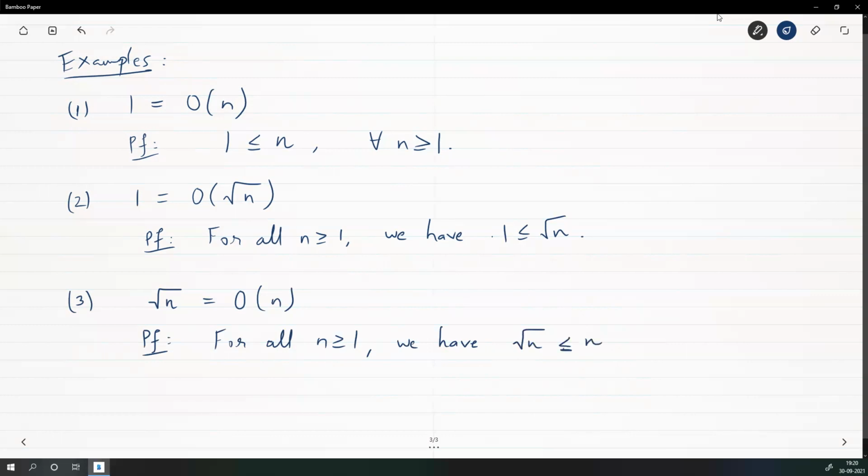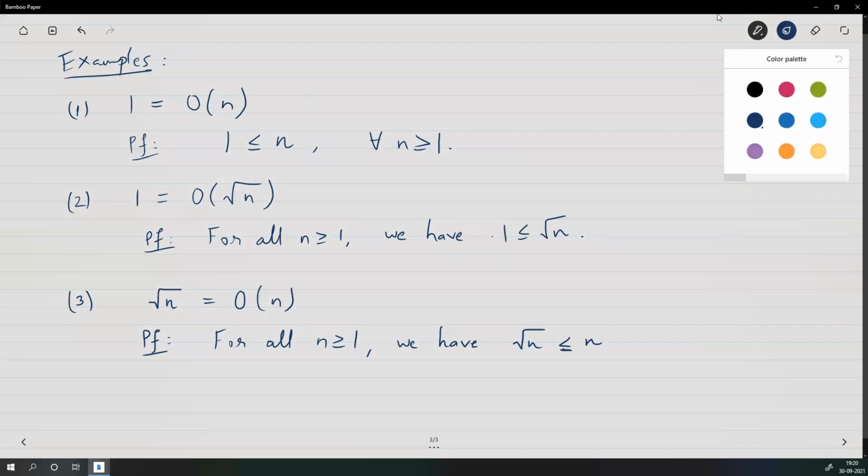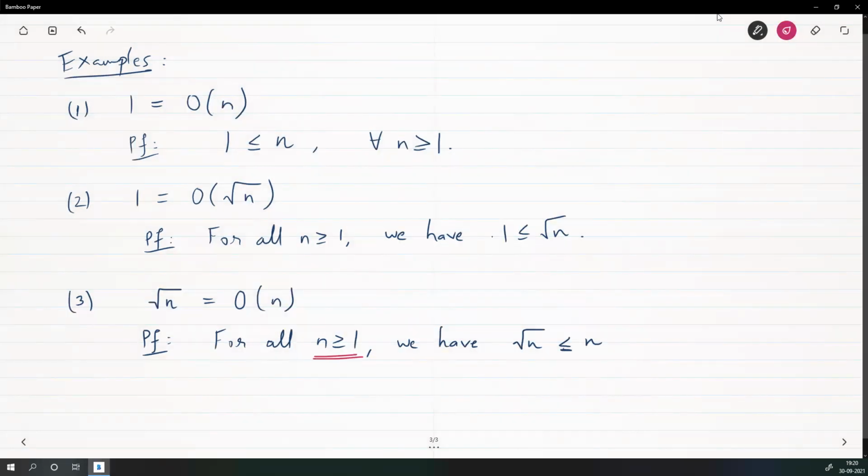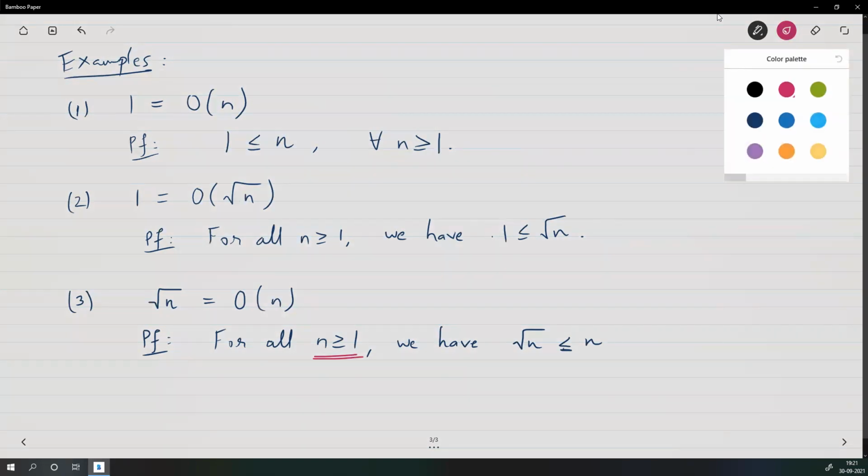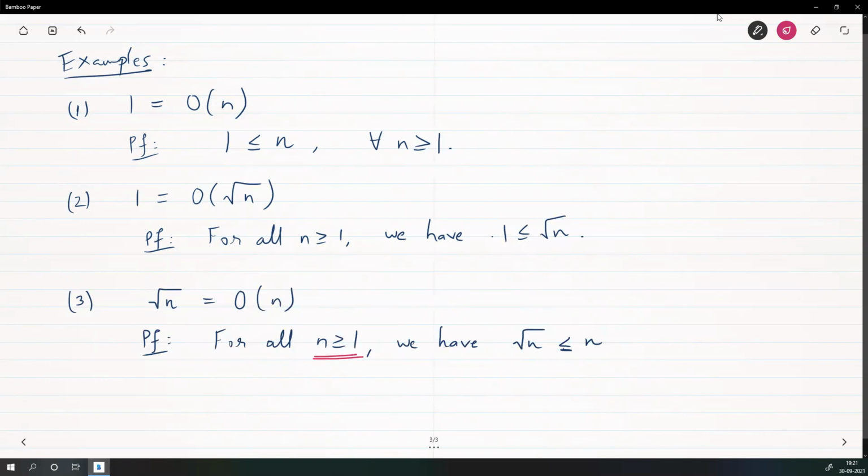This is not true when the number is less than 1, but since we have n greater than or equal to 1, square root n is definitely less than or equal to n. Once again the constant is 1, and we have this for all n greater than or equal to 1. So square root n is less than or equal to n, and therefore square root n is big O of n.